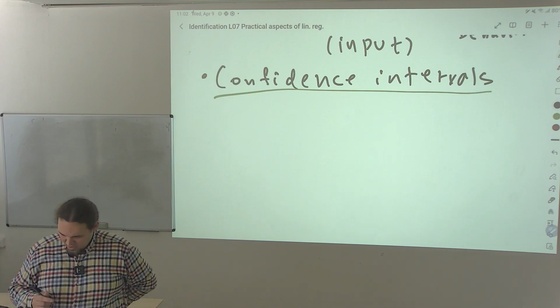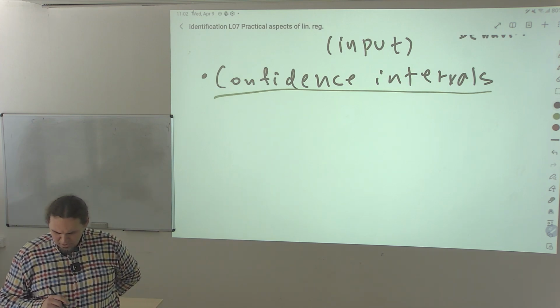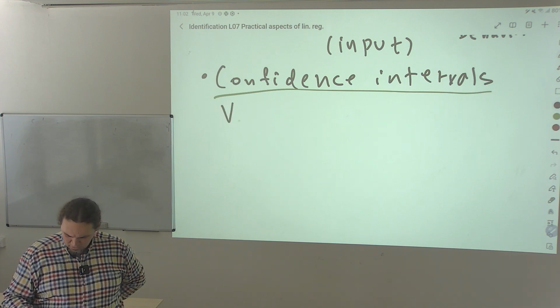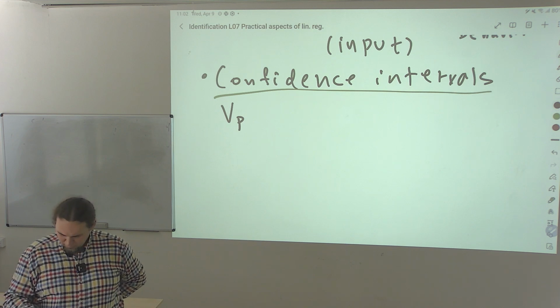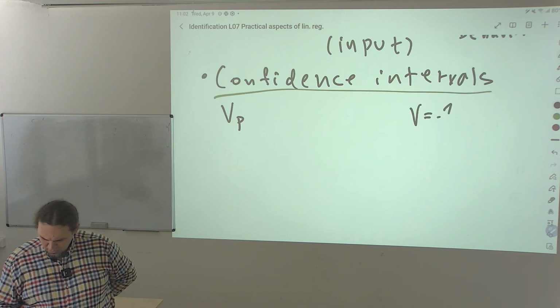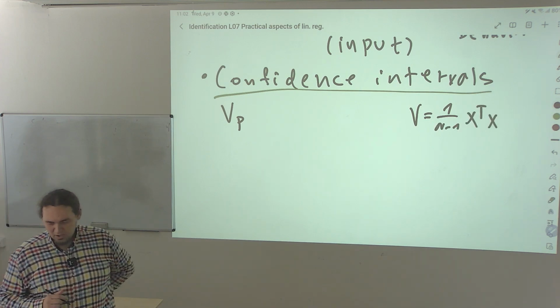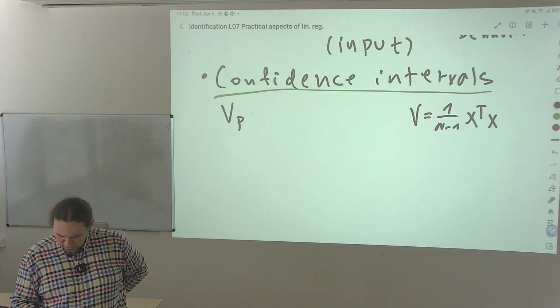It will again have to do with some matrices. Basically, we want to find out some covariance matrix of parameters. If you recall, our covariance matrix of the data X looked something like this. We want to do something similar.